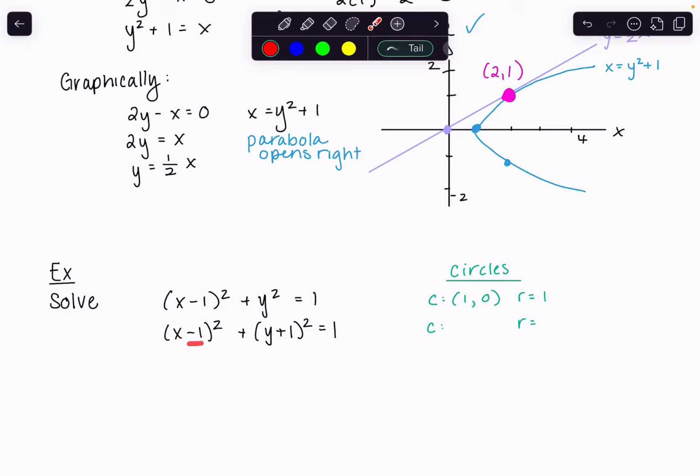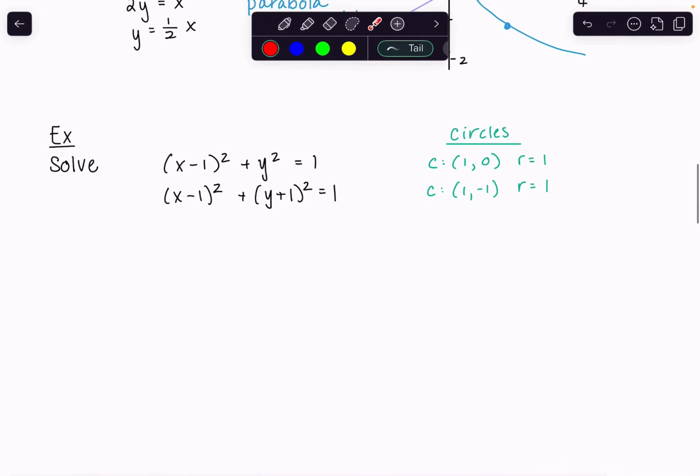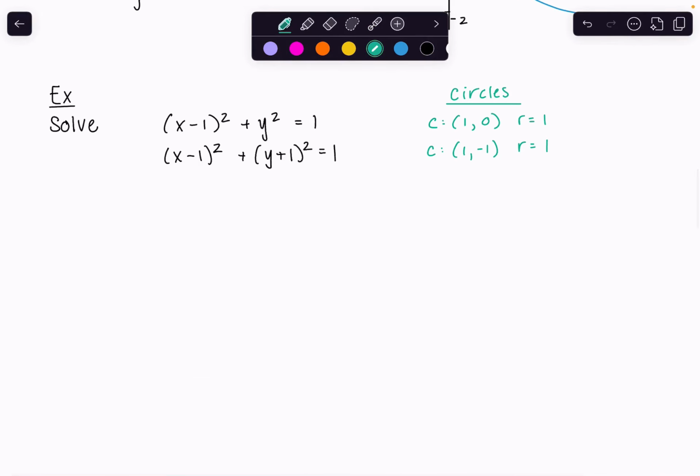For the second equation, it's the opposite of what you're subtracting. So the center is 1, -1. And again, the right-hand side is the radius squared, so your radius is equal to 1. So I'm going to go ahead and graph these two things, and that should give us a good idea as to how many solutions we should get.